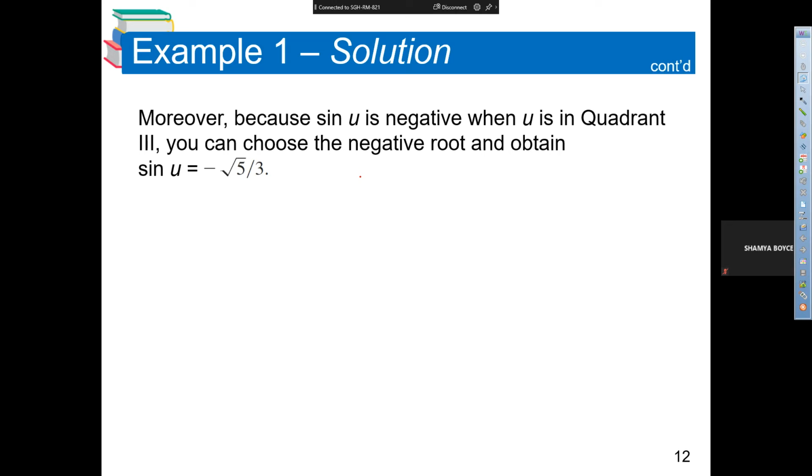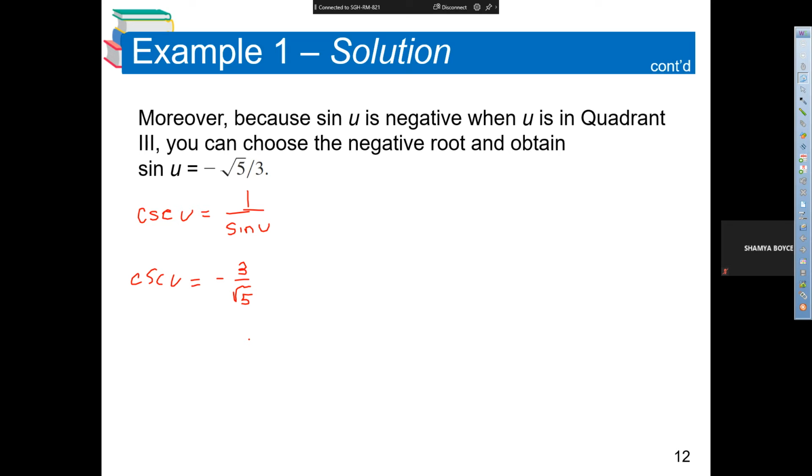So now we have the secant and cosine from what they gave us and taking the inverse. We now have sine. Now we're going to be able to find cosecant of u because it is equal to 1 over sine of u, which basically means I just flip this around. That means cosecant of u is going to be equal to negative 3 over the square root of 5.